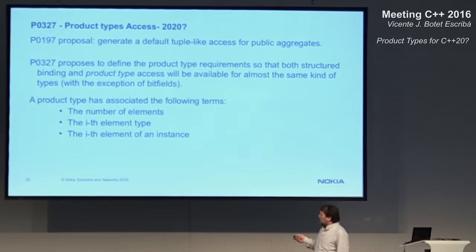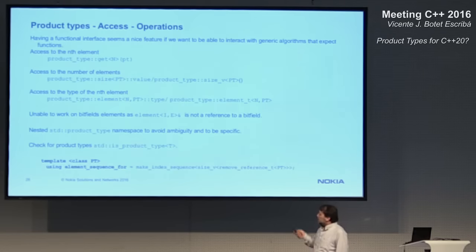Then a product type is just something for which we know the number of elements, we know the element type associated to the elements, and we have access to the elements of a given instance. And let me use this notation to say I want to access a given element of a product type, and I have explicitly used a namespace product_type in order to be explicit. It is not a get that does anything, we don't know.